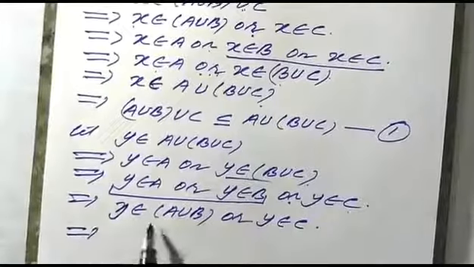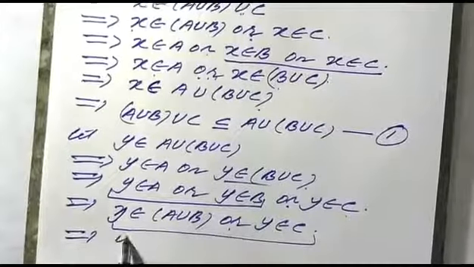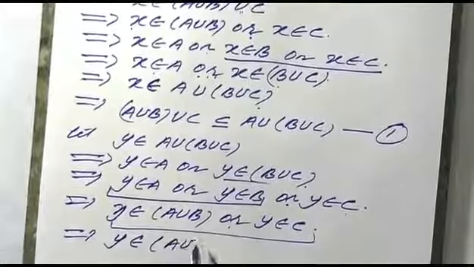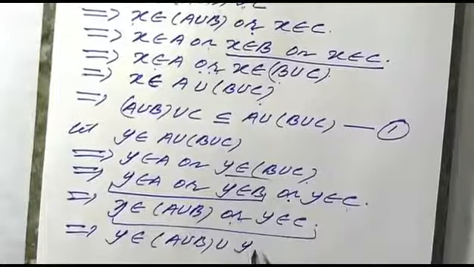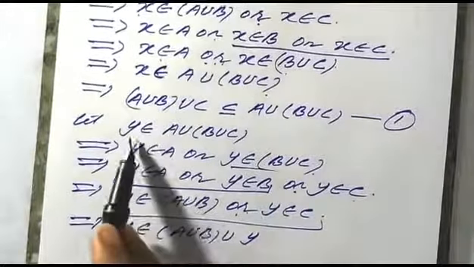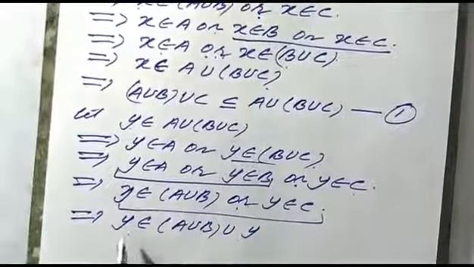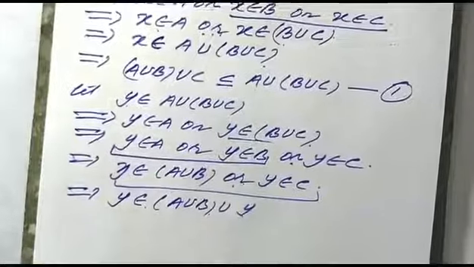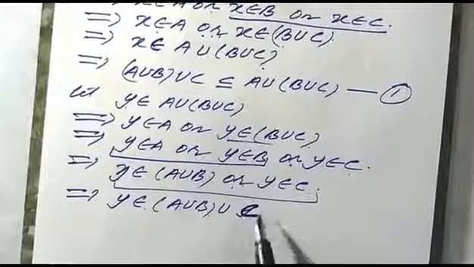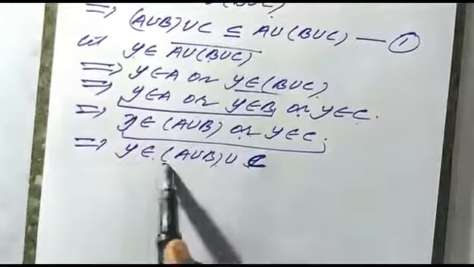In the next step we may combine these two statements for the word OR. Y belongs to A union B, for OR we may write union, Y belongs to C. So we have taken Y as an arbitrary element of A union (B union C), and it implies that Y belongs to (A union B) union C. It means if Y belongs to this set, it must also belong to this set.